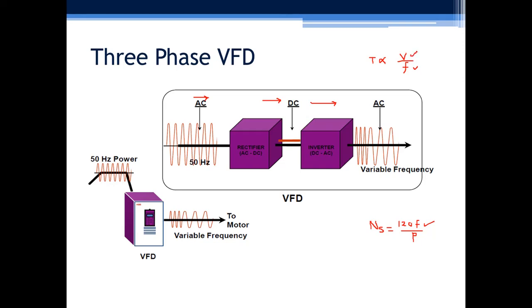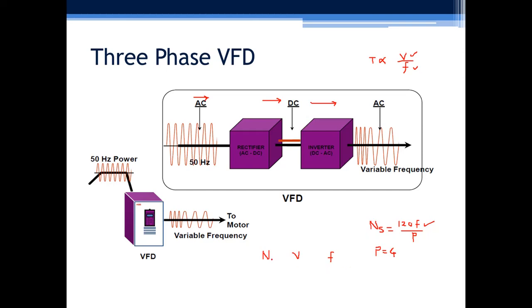Assume that you have a motor whose specifications are 400 volt, 1500 rpm and 50 Hz rated frequency. Let's say we will make three columns: speed, then voltage, and third frequency, and assume the number of poles for this motor is 4. The synchronous speed of this motor at rated frequency of 50 Hz would be 1500 rpm.